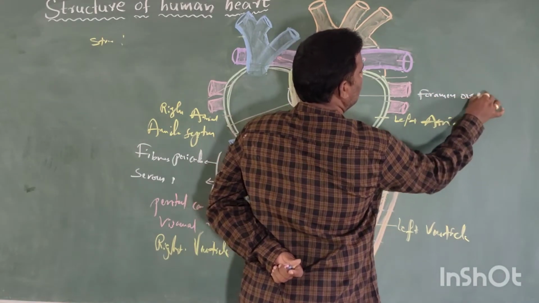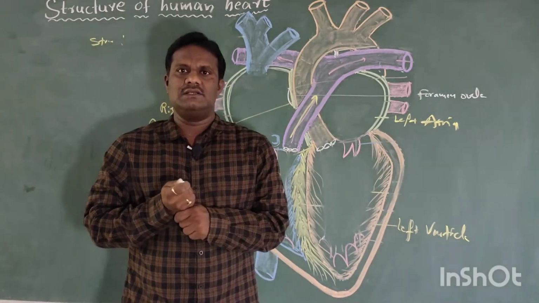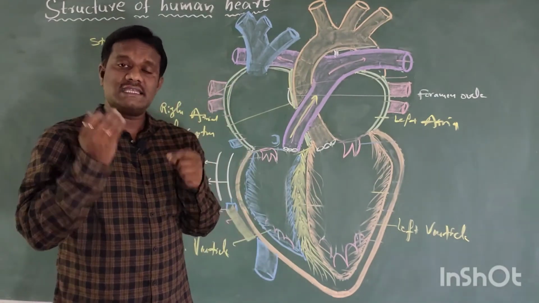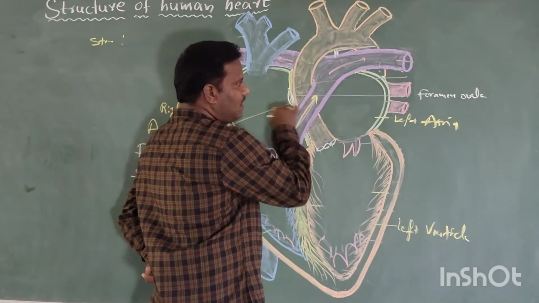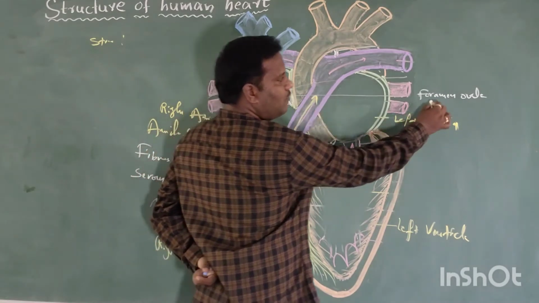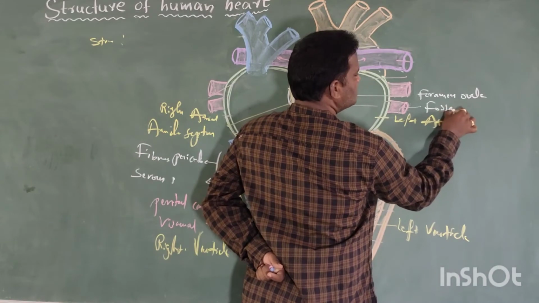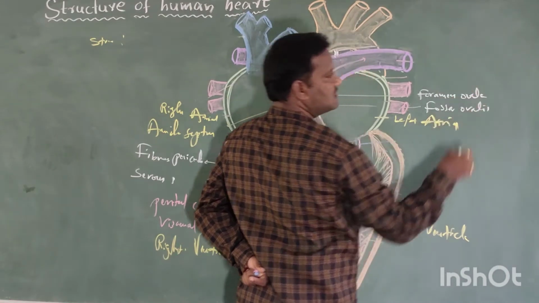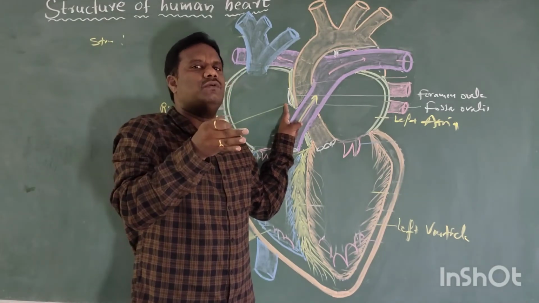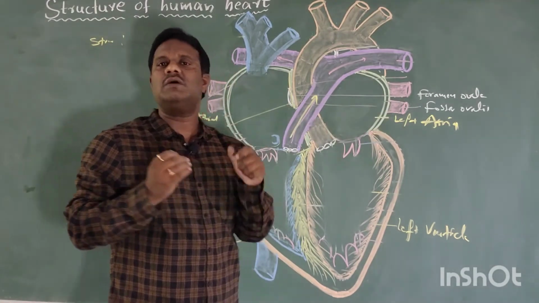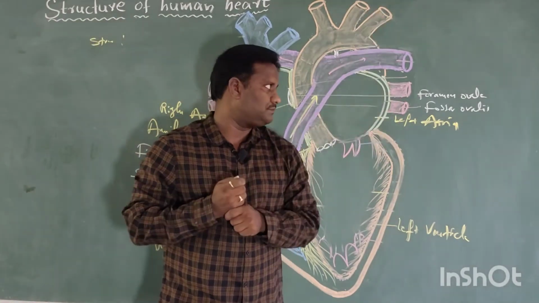This is called the foramen ovale. After the human being is born, the lungs start working, and the foramen ovale closes and converts into the fossa ovalis. If the foramen ovale does not convert into the fossa ovalis, it is called patent foramen ovale.